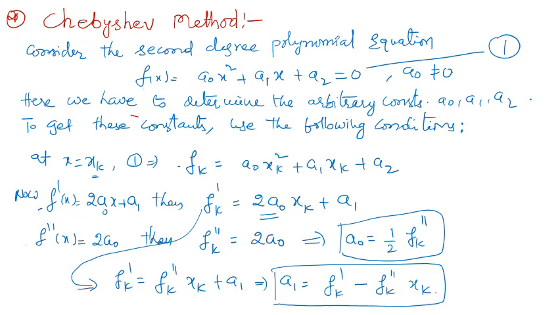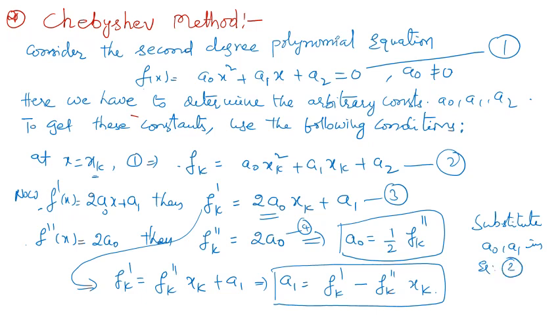Next, let me number these equations 2, 3 and 4. Substitute a0 and a1 in equation 2. Then a0 is known, a1 is known, and substituting these values, you will get the a2 value.